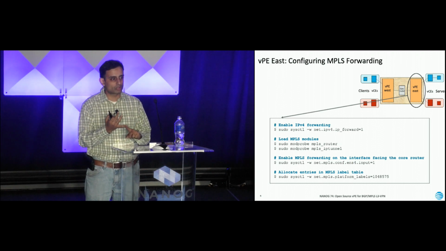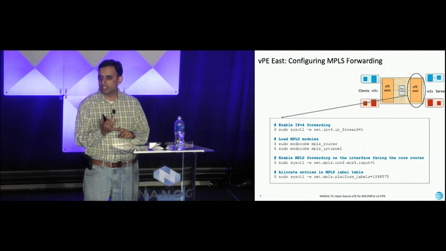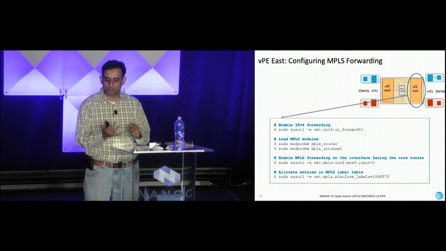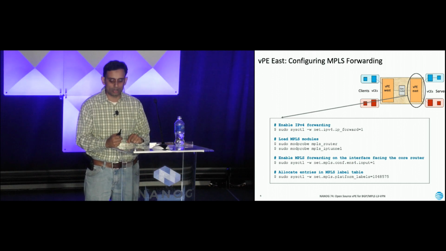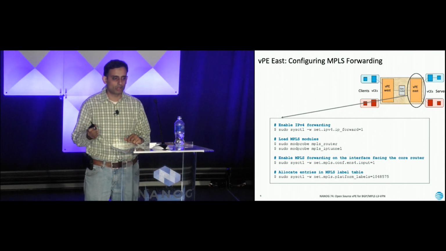The second command is to enable MPLS modules. The third command actually enables MPLS forwarding on the particular interface, in this case the interface facing the core router. And the last command is to allocate space for the MPLS label table. So once you run these four commands, the box can act as an MPLS forwarder.